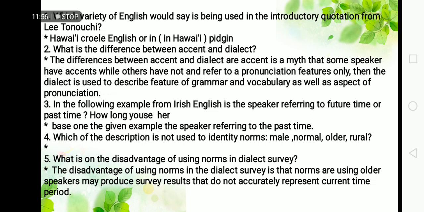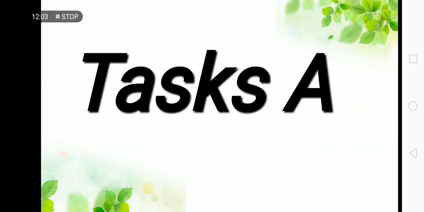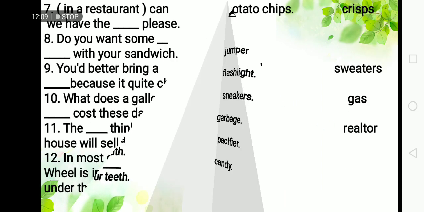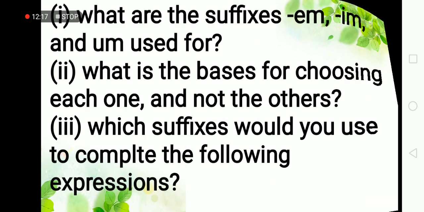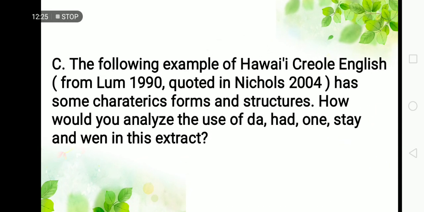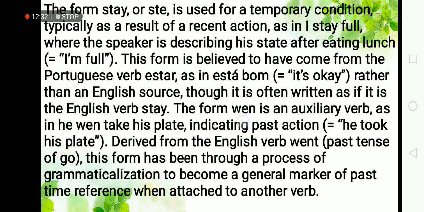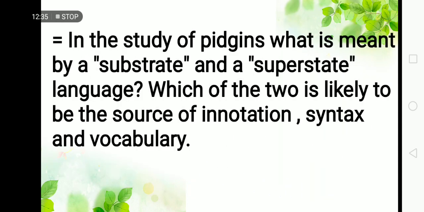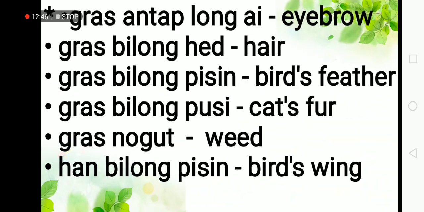Then the following. Task A. Task B. Task C. Task D. Task E, question, then answer.